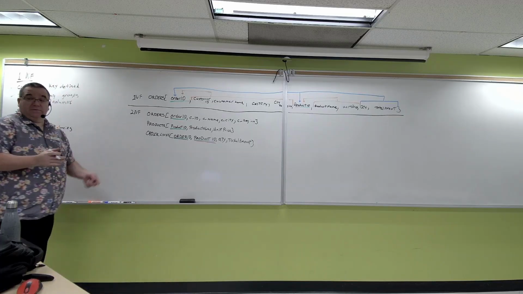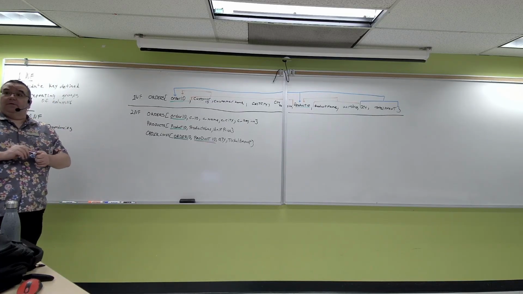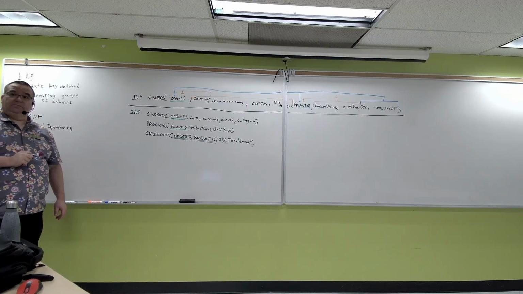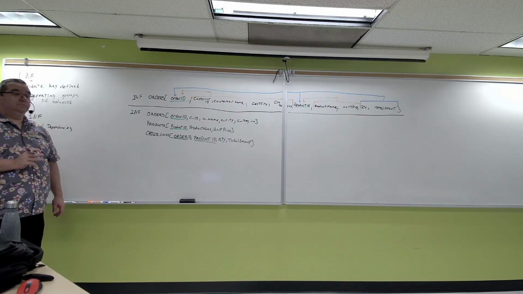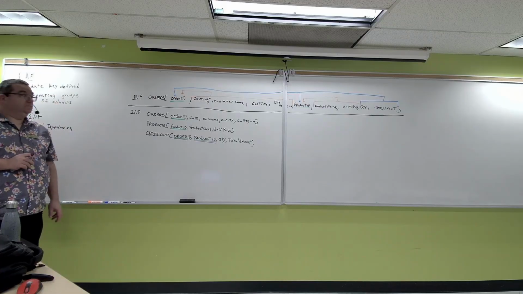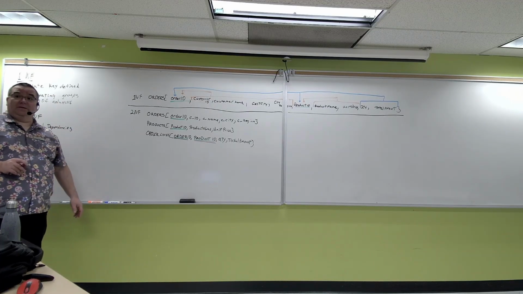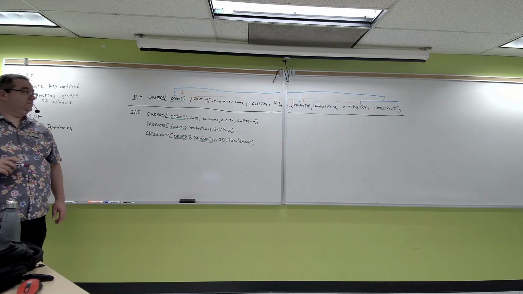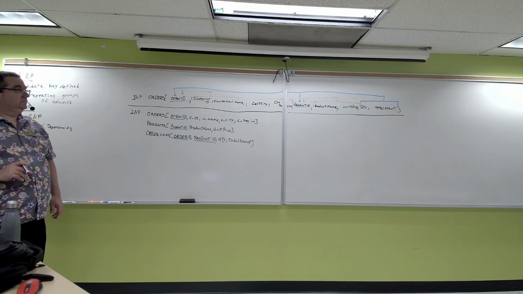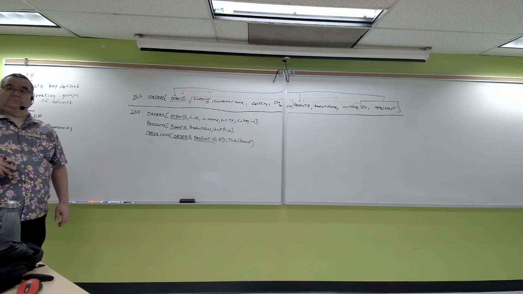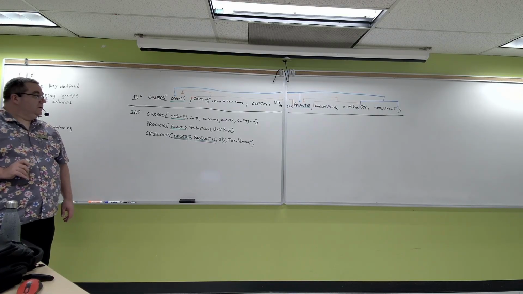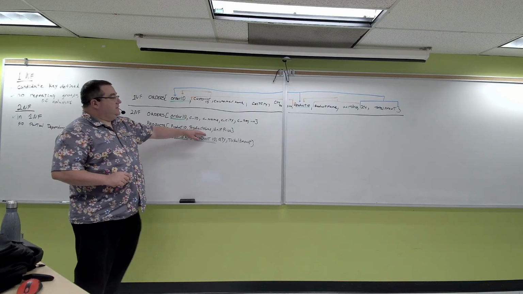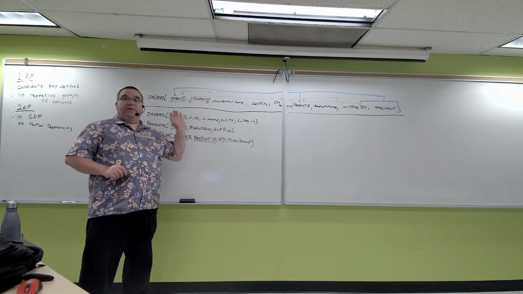So now we're in second normal form. Yeah, so these attributes only rely on part of the primary key.